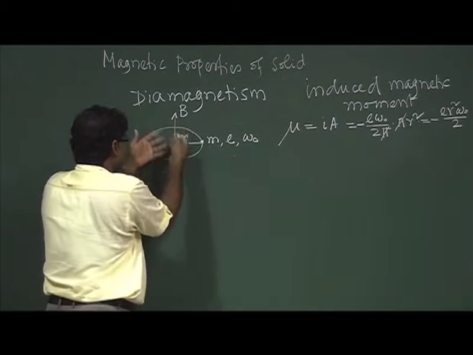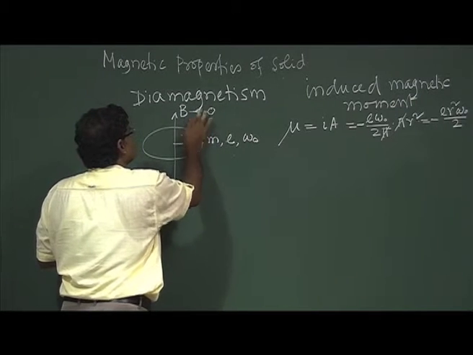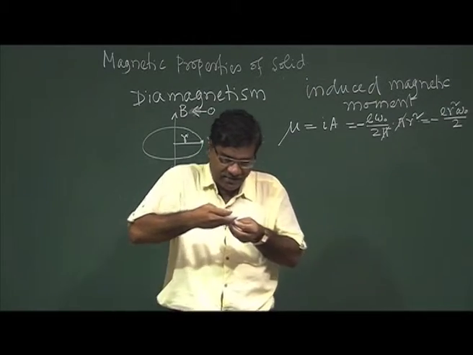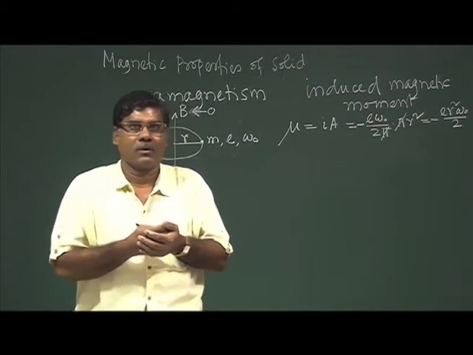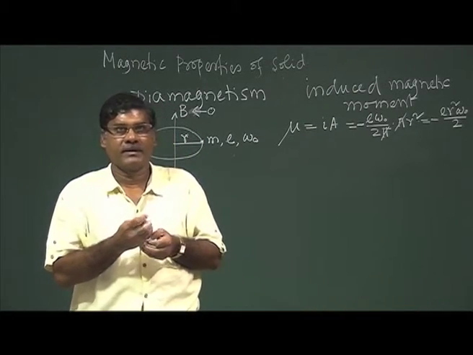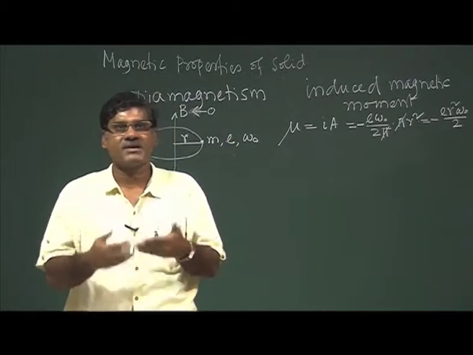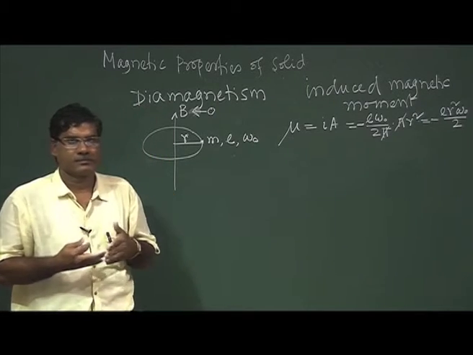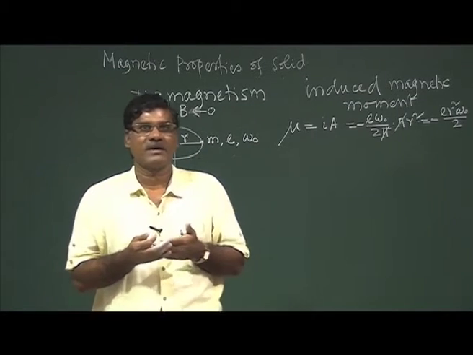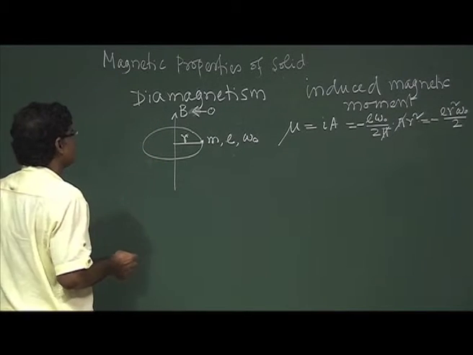The magnetic field changes from 0 to B. When there is a change of magnetic field, according to Lenz law there will be an induced EMF, proportional to the rate of change of magnetic flux, d phi by dt.